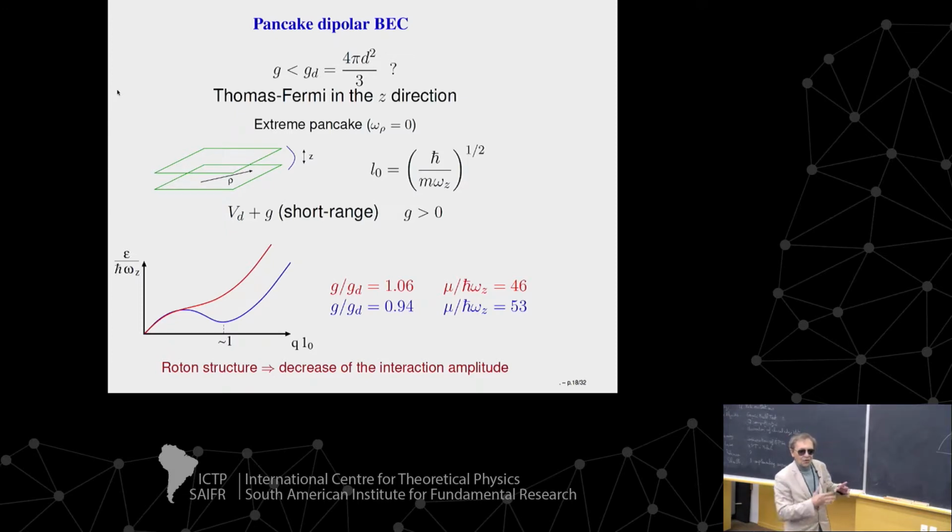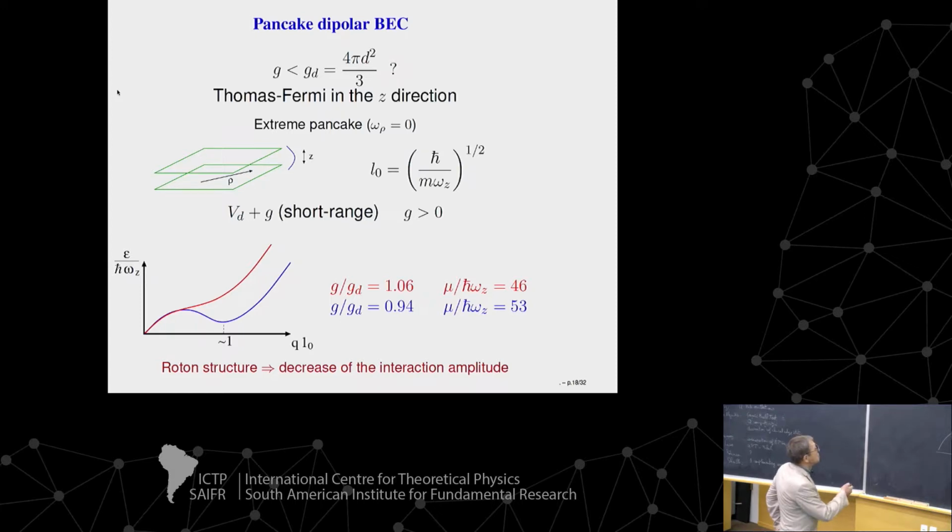You can only change it a little bit by changing the pressure. Here, what you can do is engineer the position of the roton by varying the ratio of the short-range to dipole-dipole interaction. And the short-range interaction constant can be varied by using Feshbach resonances, which Jörg discussed with you in his lectures.